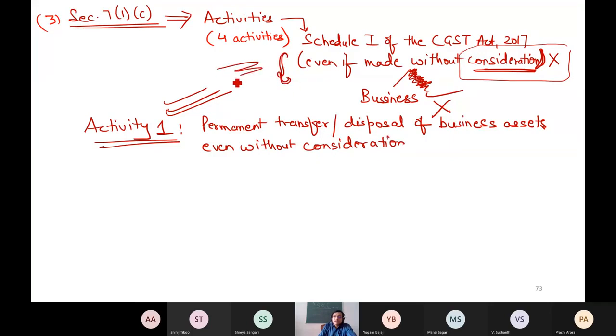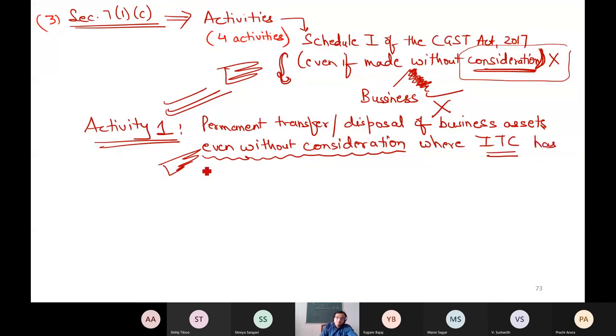For all the activities, even without consideration is by default. Now, consideration can be there, but if it is without consideration, still it does not matter. Where ITC, input tax credit, has been availed on such business assets.